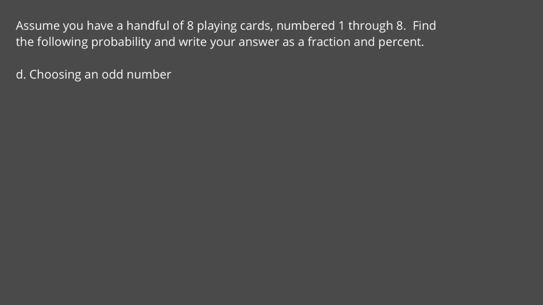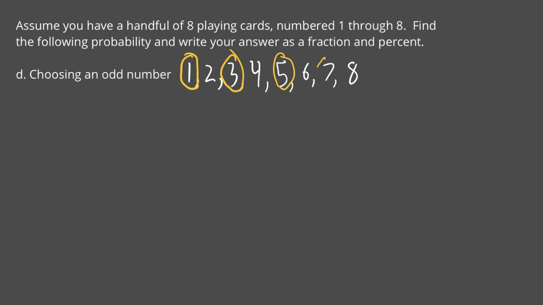For our final example, we want to choose an odd number. So let's throw up the numbers on the screen again, and let's solve. Here we will circle every odd number, which we know is 1, 3, 5, and 7. And we write our equation. The probability of drawing an odd card is going to be the number of somethings, which is 1, 3, 5, and 7.